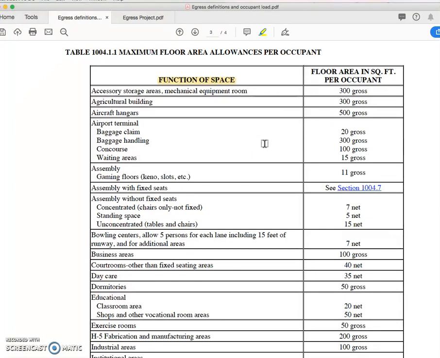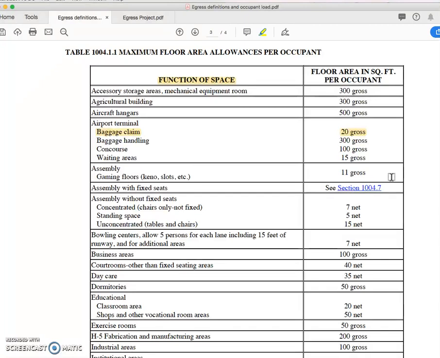But the first thing we had to do, remember our formula is the square footage of the room divided by the factor in table 1004.1.1 that's based on the function of the space. So if it was a baggage claim, right here, I'm going to divide the square footage of the room by 20.